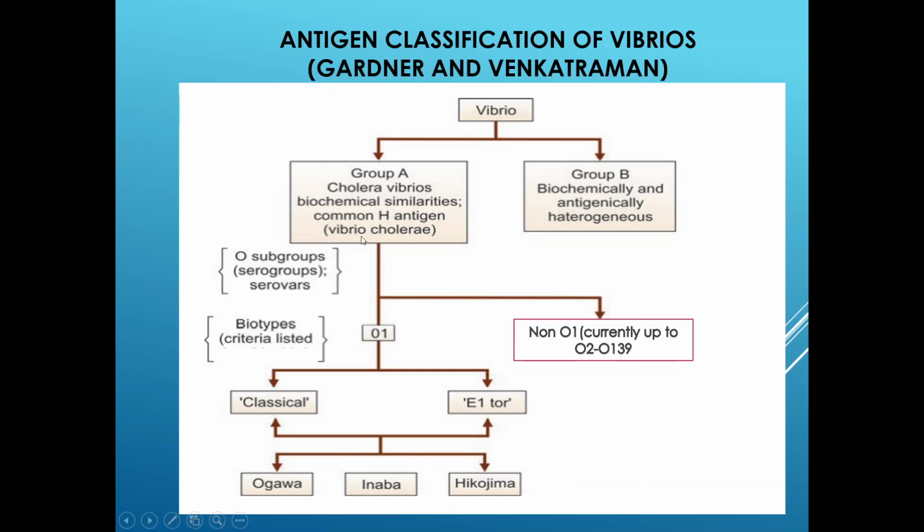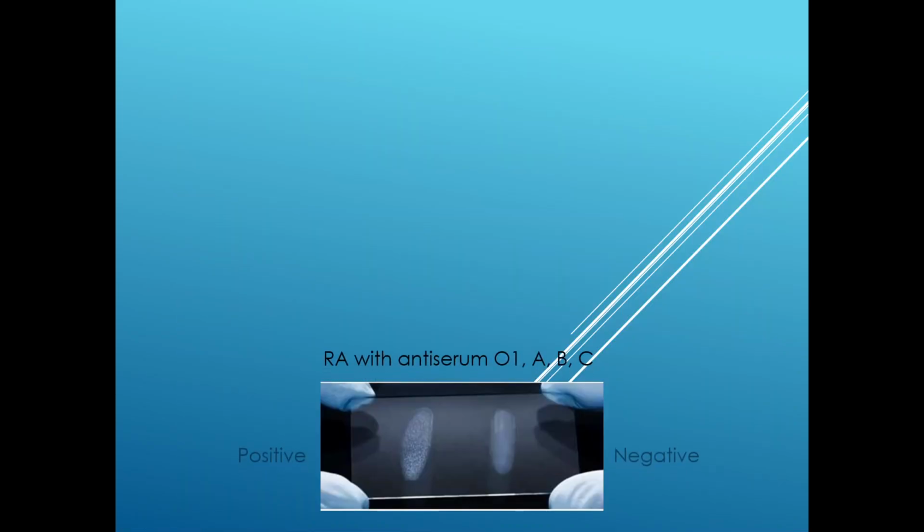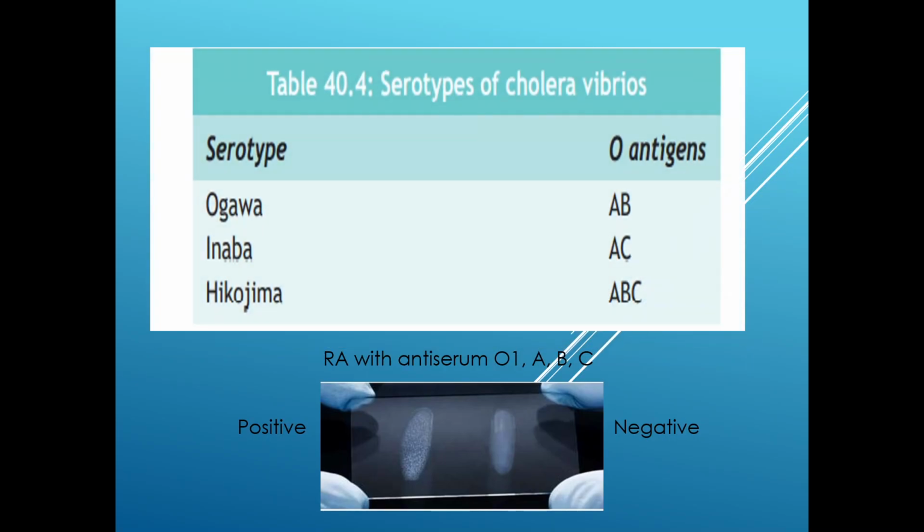Group A subgroups, serogroups and serovars, include O1 and non-O1 or O139 serogroups. O1 serogroup includes 2 biotypes, classical and El Tor, and serogroup O1 includes serovars Ogawa, Inaba, and Hikojima.